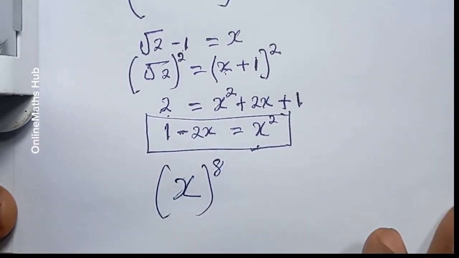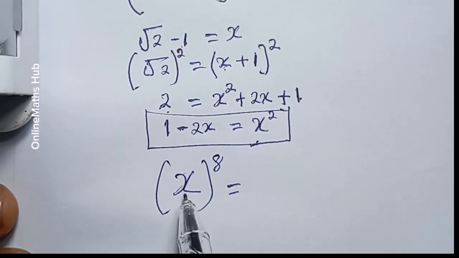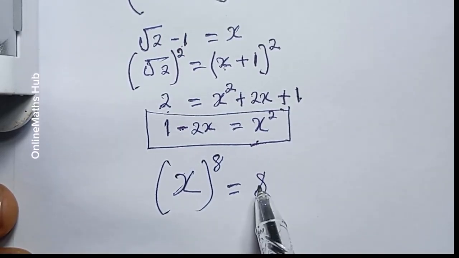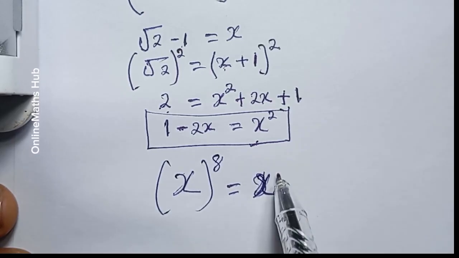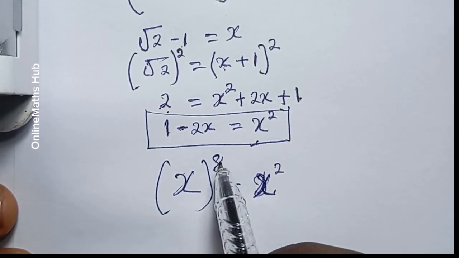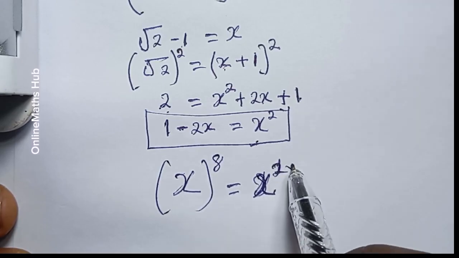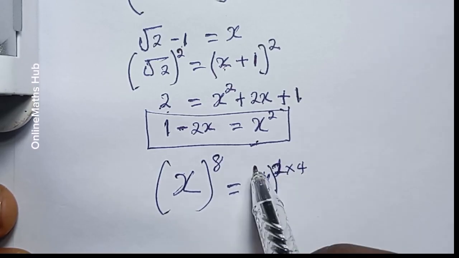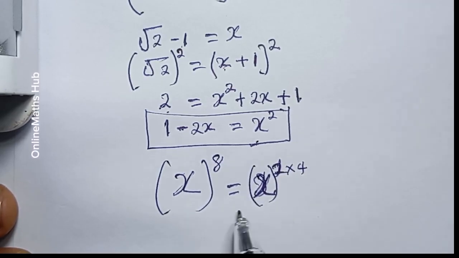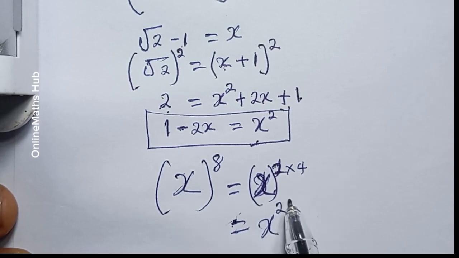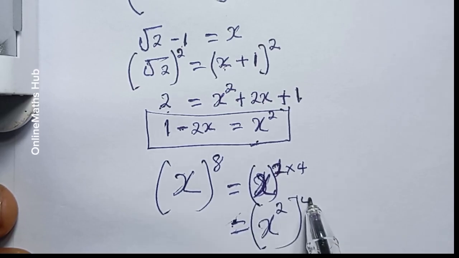Okay, so at this point I can simplify this, x power 8, and of course I can split this 8 here as 2 multiplied by 4. Then I am going to push this 2 inside, so I'm going to be having x squared all raised to power 4.